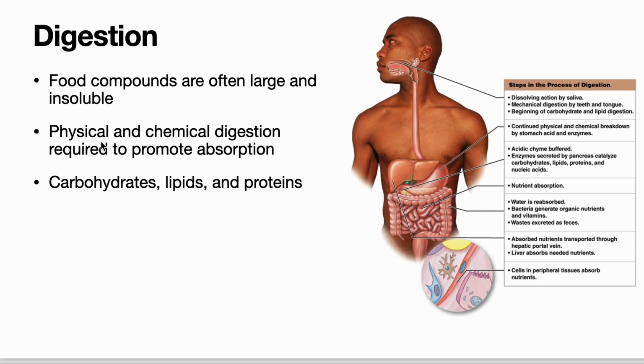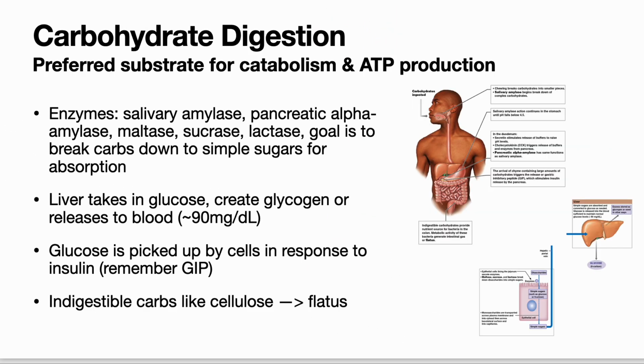Okay, now for carbohydrate digestion, and I am going to go through these things relatively quickly because we have covered them previously in class. Carbohydrate digestion is important to us because it's the preferred substrate for catabolism inside cells to make ATP in the mitochondria, because glucose is really easy for your cells to work with, and that's why it likes it.